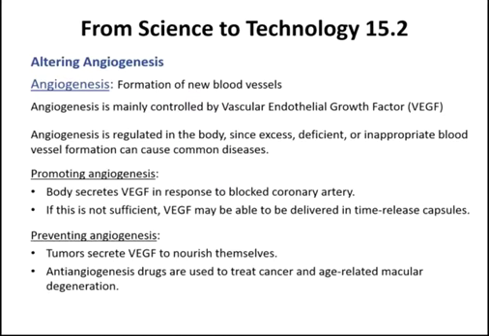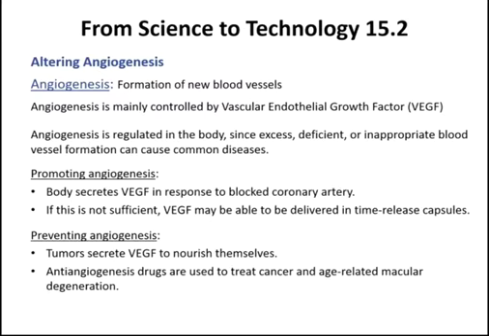Angiogenesis is regulated by the body, since excessive, deficient, or inappropriate blood vessel formation is a common cause of common diseases, like cancer, that we've already talked about. But we also have a need for it in our normal life, like things that are going to promote angiogenesis.